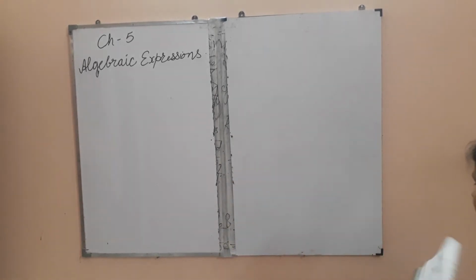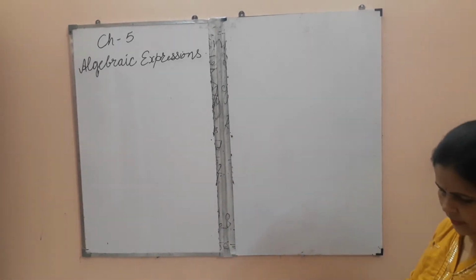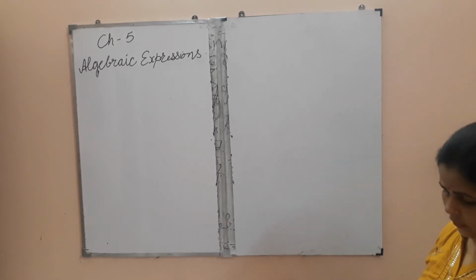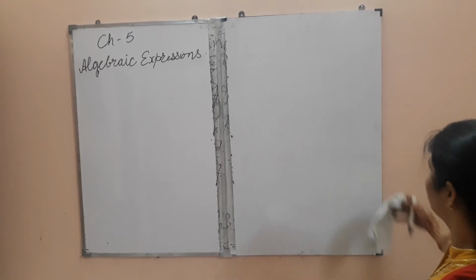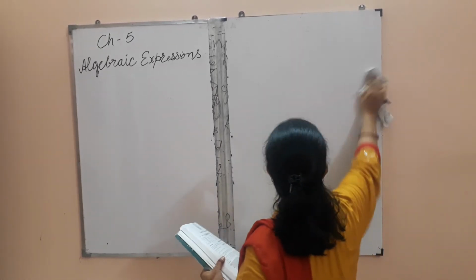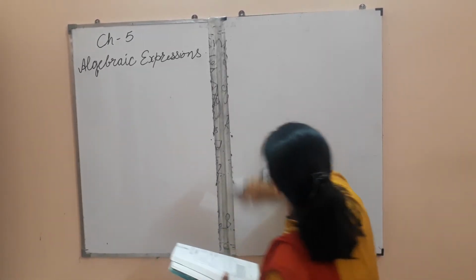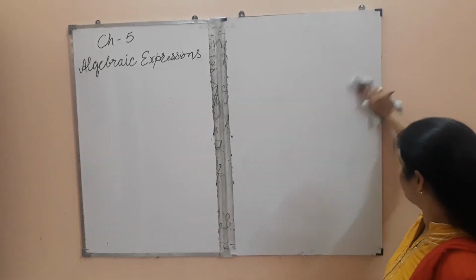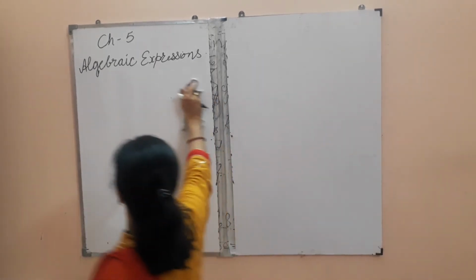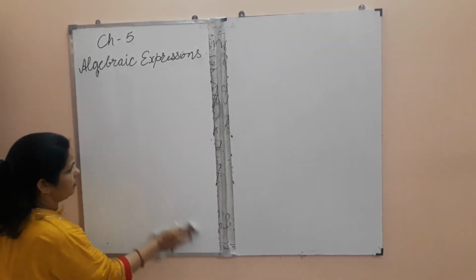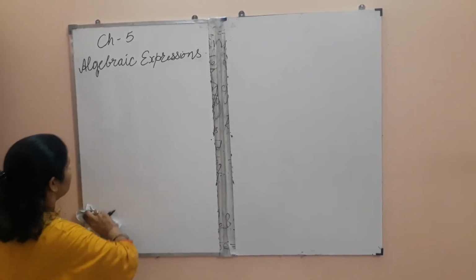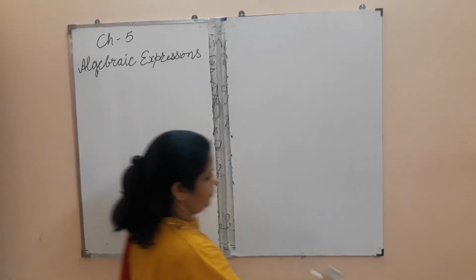The value of a variable is not fixed; we can use different values for the variables, and the variable we also call a literal. But the value of a constant is always fixed because it is the number itself. Whatever number the constant is, that will be its value.